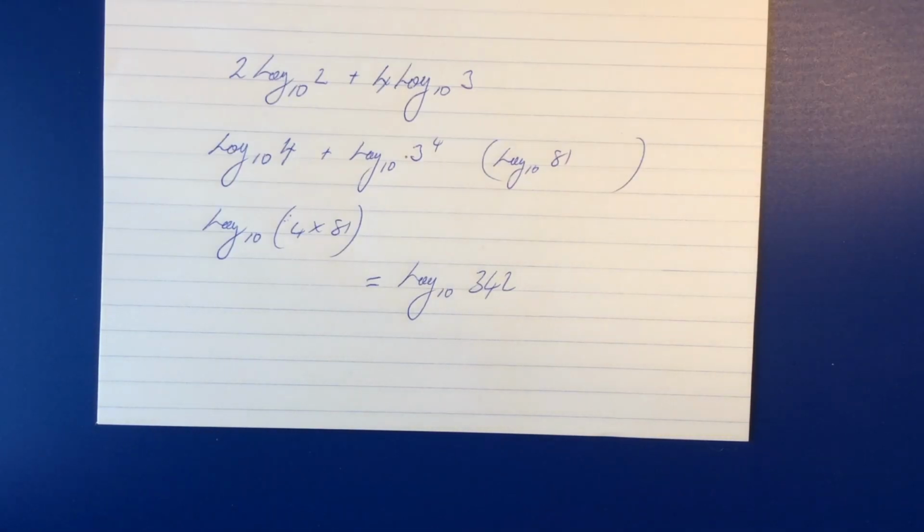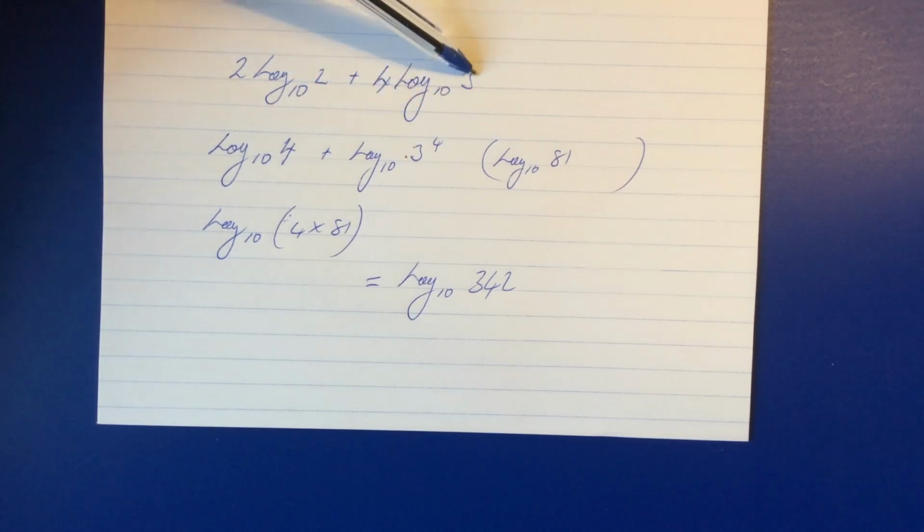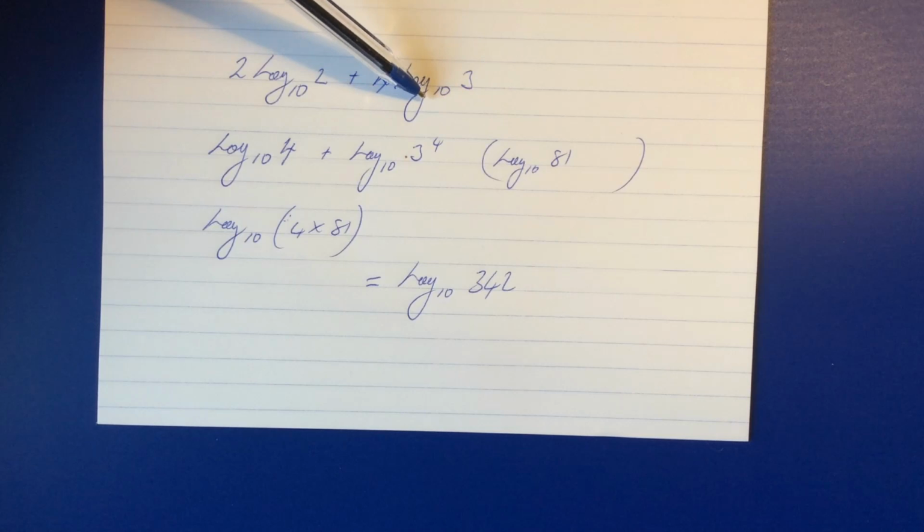A great deal less to say than the last example, but nevertheless there are some common features in this. The numbers I think are probably slightly easier to deal with, but we've got 2 log 10 of 2, which means that we quite literally have 2 of these. And 4 log 10 of 3. So quite literally we have 4 of those if we were to add them all up.